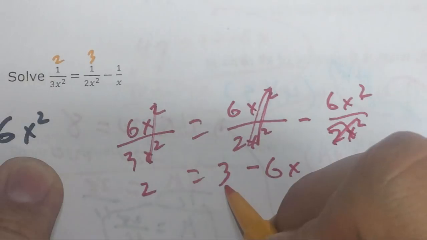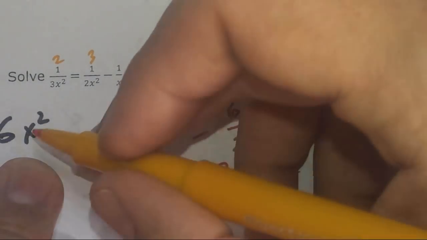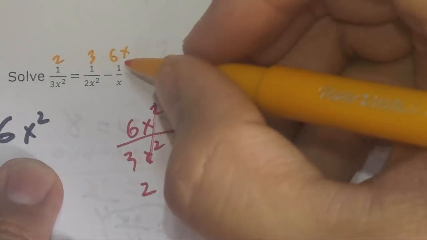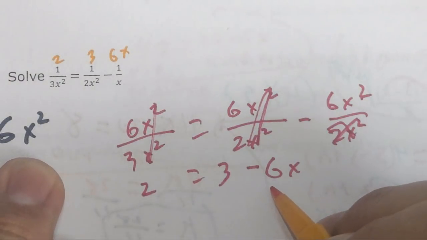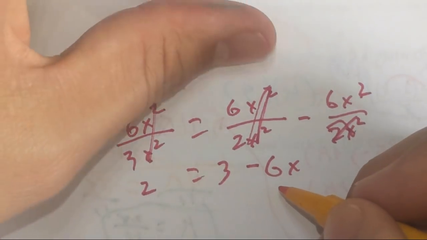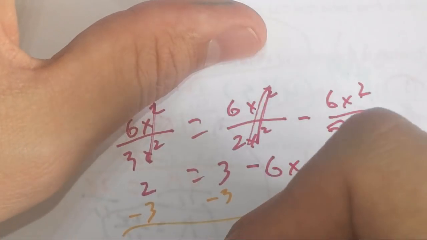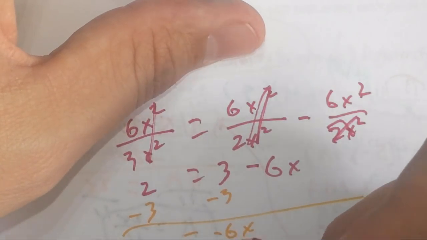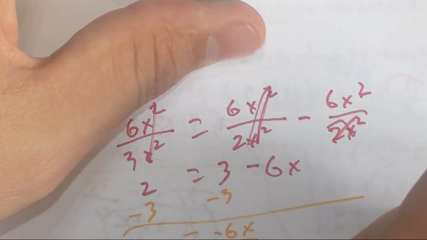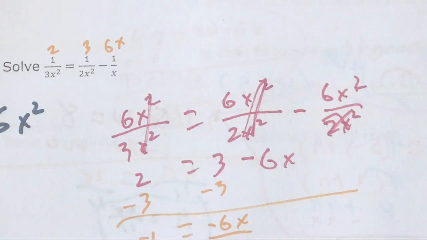There's that 3. x to 6x squared, I need to multiply by 6x, and it's minus, so negative 6x. And I solve that equation. Minus 3, so negative 1 is equal to negative 6x. Divide by negative 6. x is equal to positive 1/6.